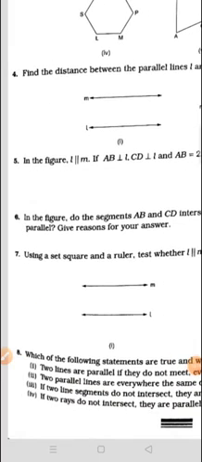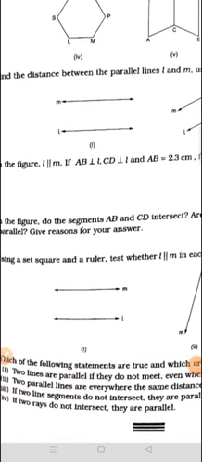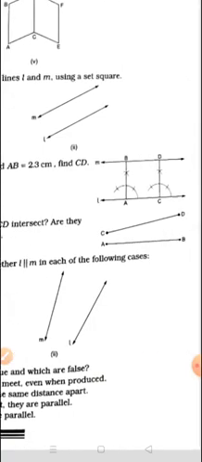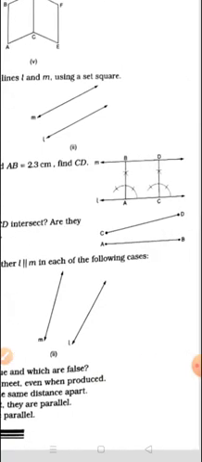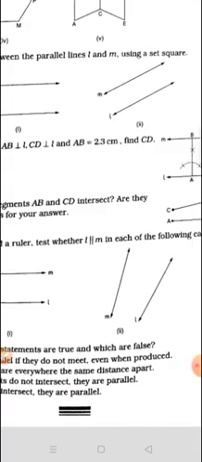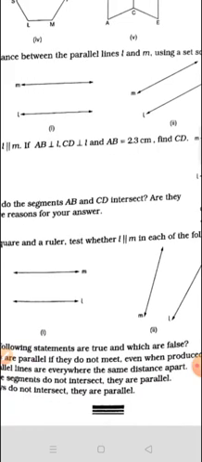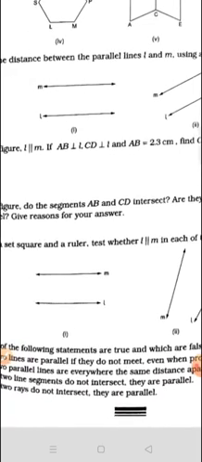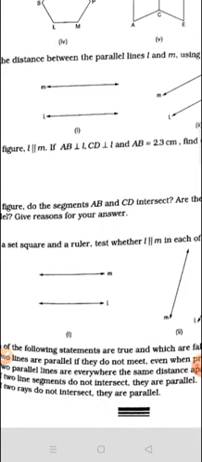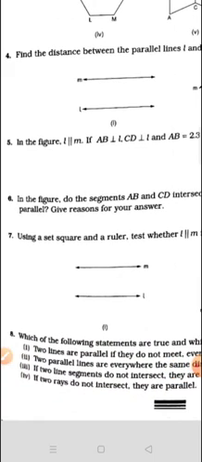Question 6. In the figure, do the line segments AB and CD intersect? No. Are they parallel? No. So you have to write the reason for your answer: lines which never intersect when produced in one direction. Question 7.